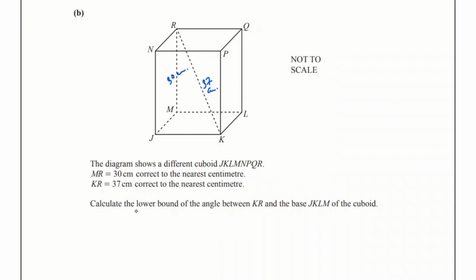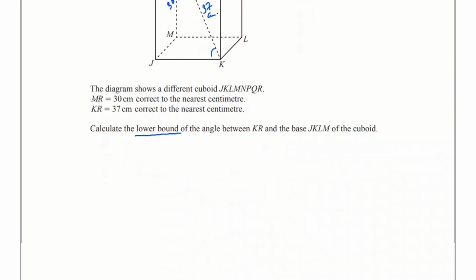Calculate the lower bound of the angle between KR and the base of the cuboid. Okay, so now it's correct to the nearest centimeter, so we have to find out the lower bound. To find that, we'll have to find out the upper bound and the lower bound.